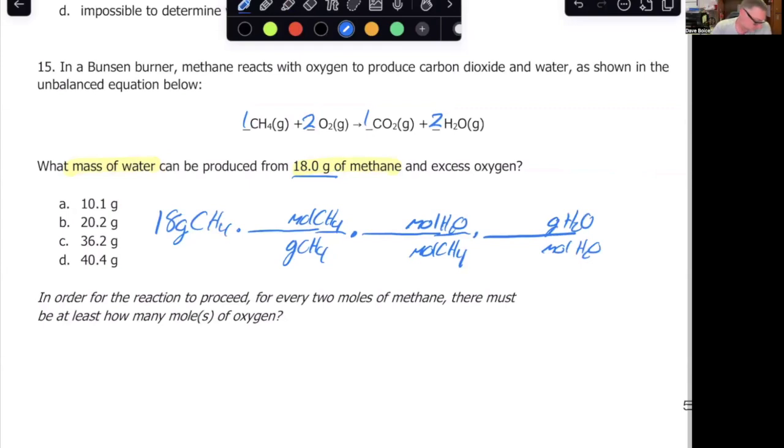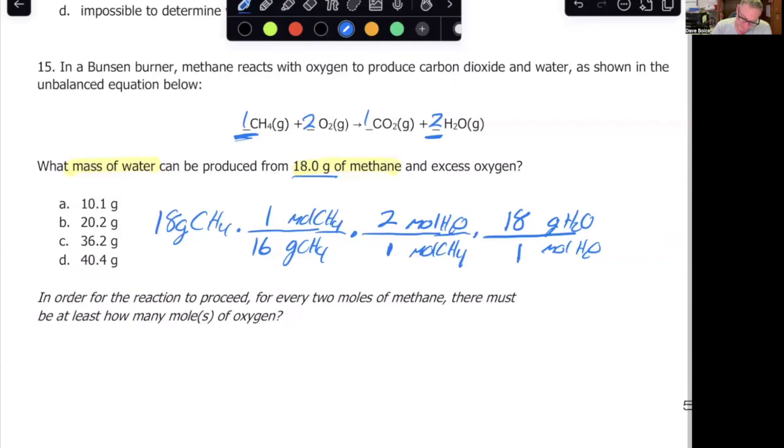Okay, so let's see here. 1 carbon and 4 hydrogens is equal to 16 grams for 1 mole. According to my balanced equation, CH4 has a 1, so I'm going to put that there. Water has a 2, so I'm going to put that there. And 1 mole of water is equal to about 18 grams.